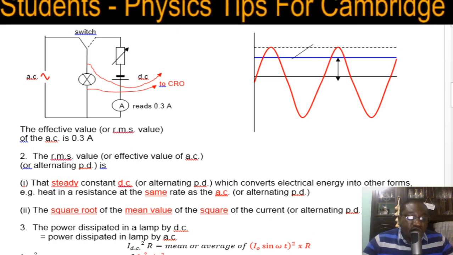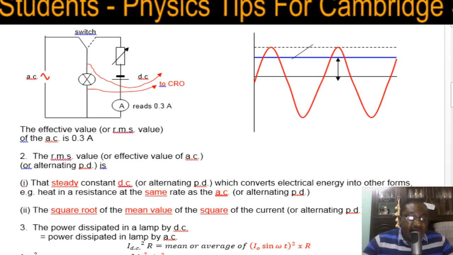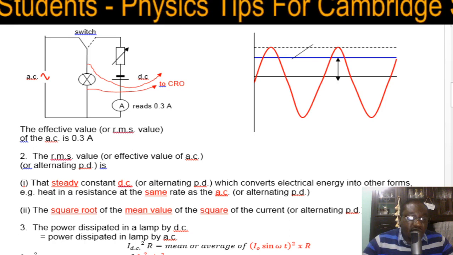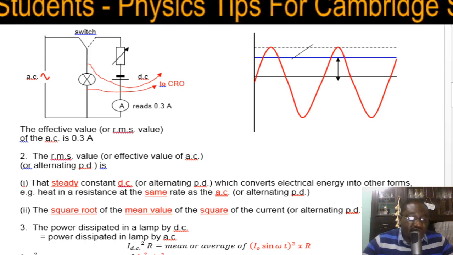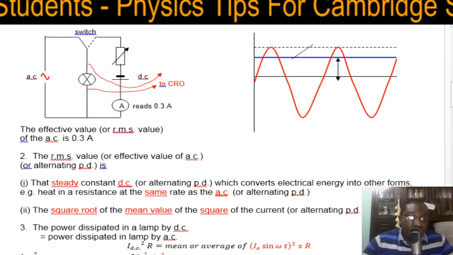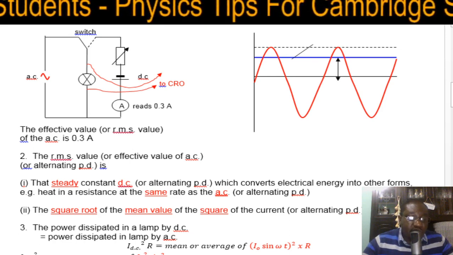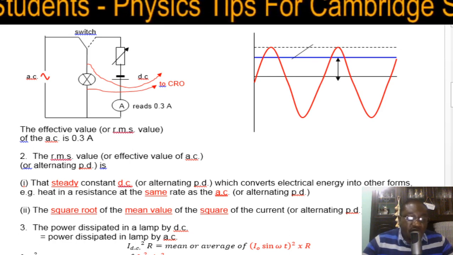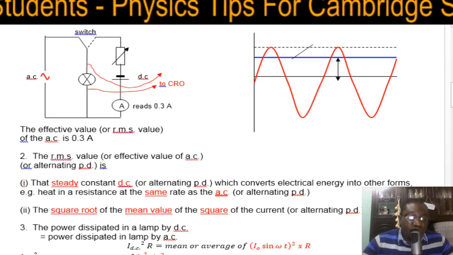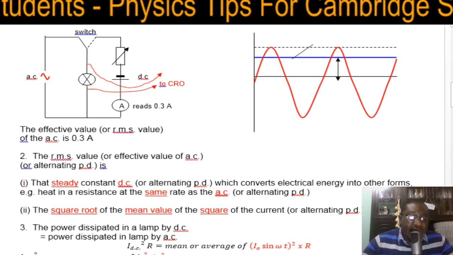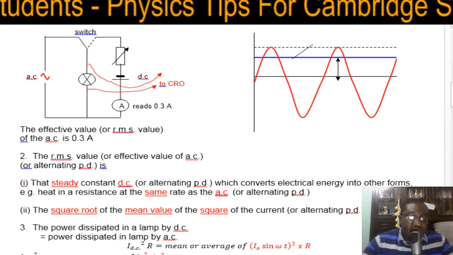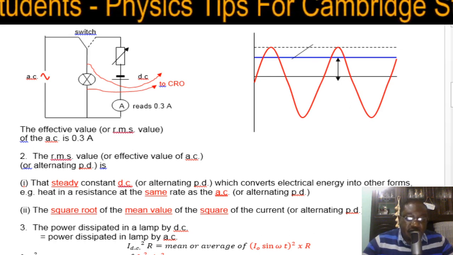Finding the square root of both sides, you then have I DC being equal to I naught over root 2, because this half is over 2, so it becomes root 2 at the bottom, which is equal to the I root mean square. So 1 over root 2 is just 0.707. So we can say I root mean square is equal to 0.707 I naught.